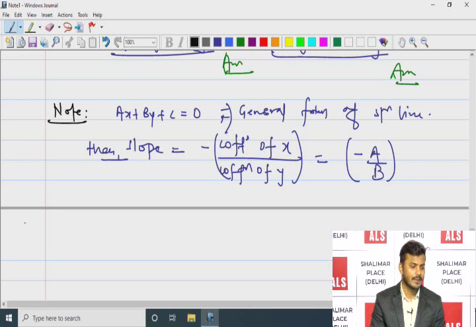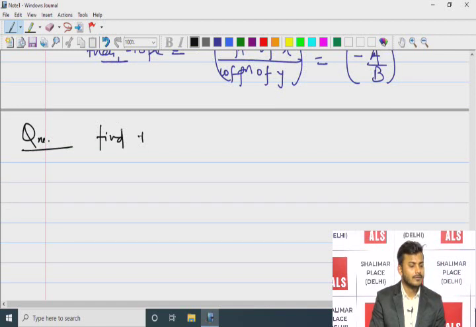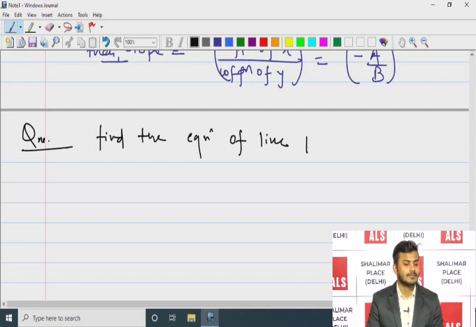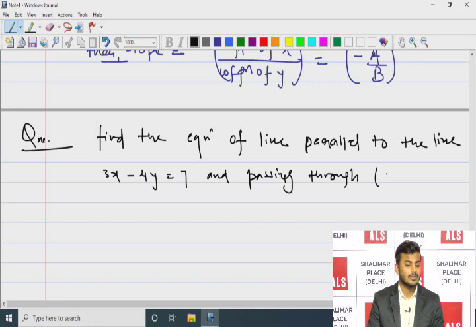Question is, find the equation of line parallel to the line 3x minus 4y equals 7 and passing through 1, 3.